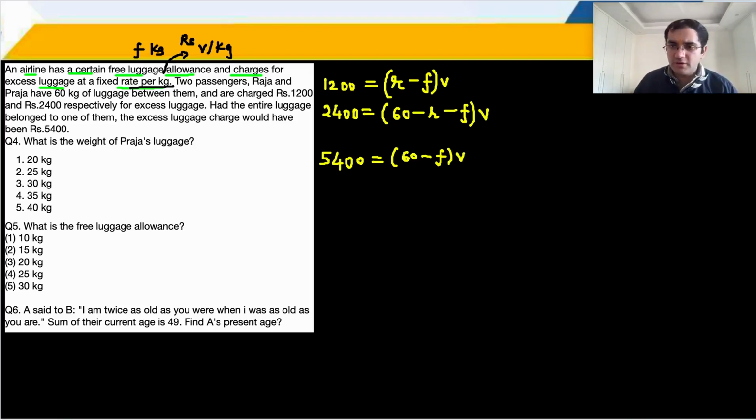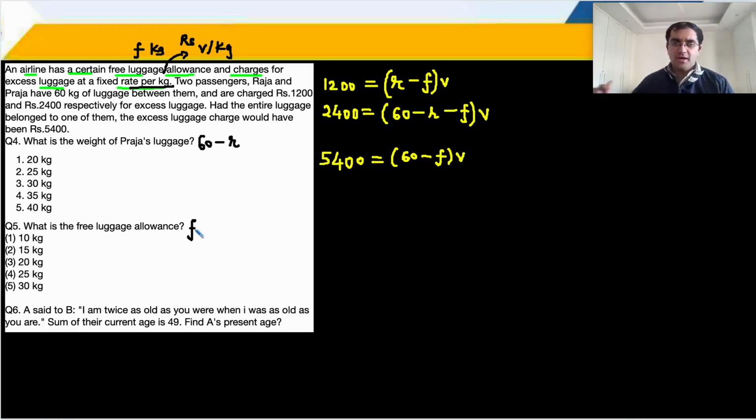What is the weight of Praja's luggage? That 60 minus R is Praja's luggage. What is the free luggage allowance? We need the value of F. So basically we have three equations and three variables and we have to solve this.